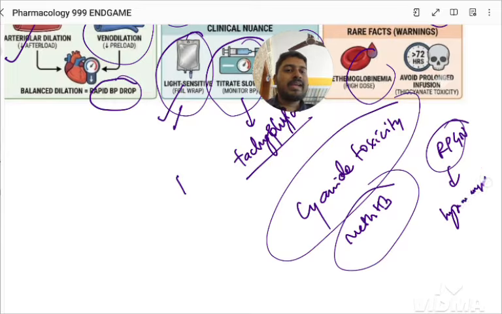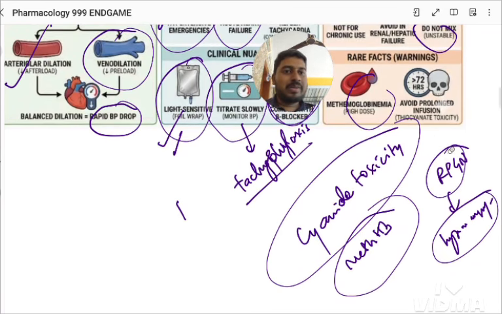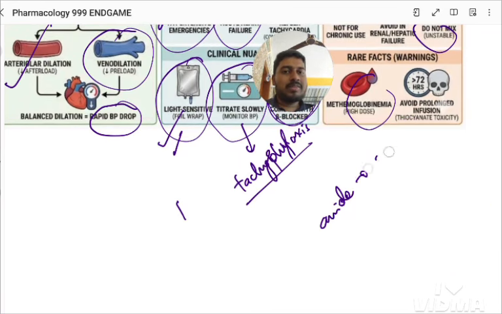We had to lower BP immediately, so we gave sodium nitroprusside, but somehow toxicity developed, and she went into methemoglobinemia. So then we had to treat methemoglobinemia also. What is the drug of choice for methemoglobinemia? Yes, very good, it is methylene blue.